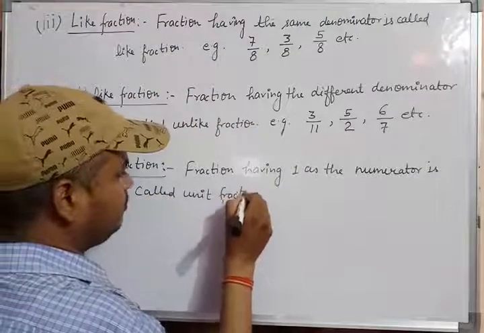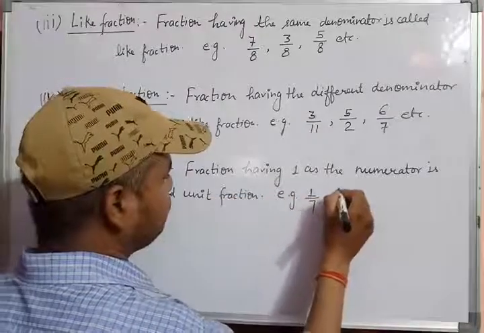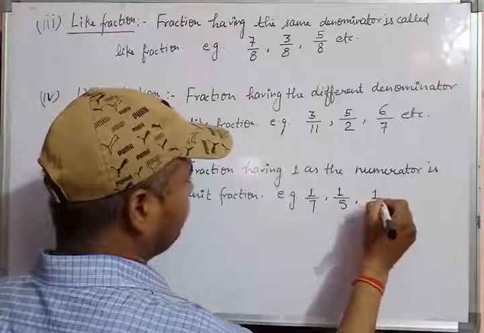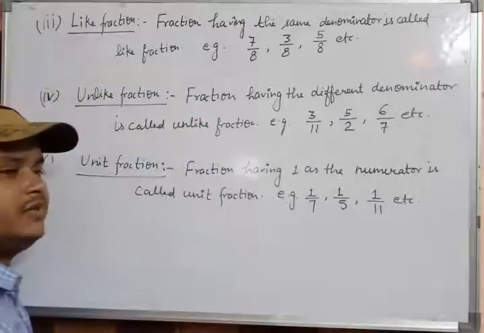For example, 1/7, 1/5, 1/11, etc. In unit fraction, numerator is always 1.